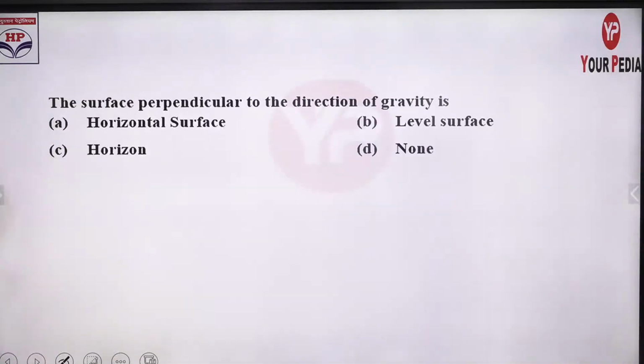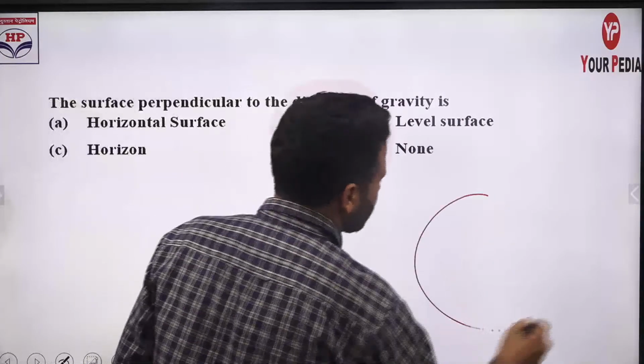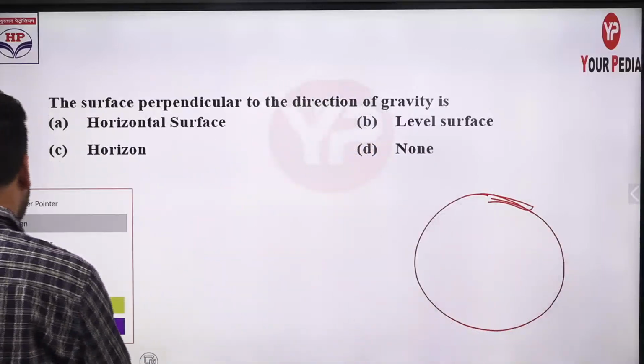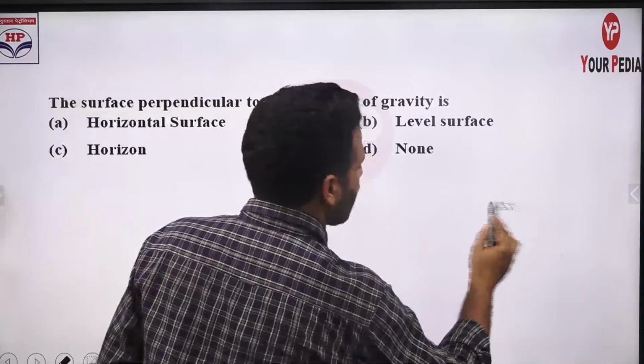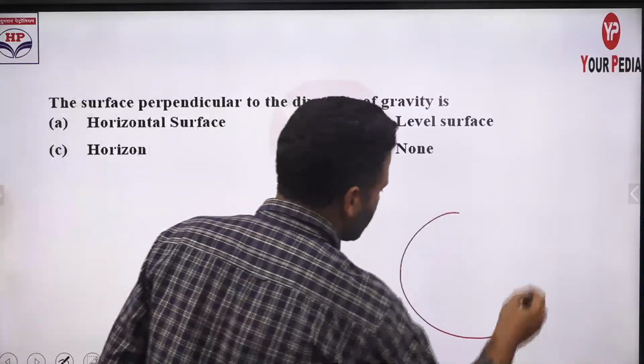So let's proceed ahead. What is the next question, guys? The surface perpendicular to the direction of gravity. Suppose this is your earth. Now don't say, sir, we studied in surveying that the earth is an oblate spheroid. For this question, I am considering it like this. Suppose this is your earth.